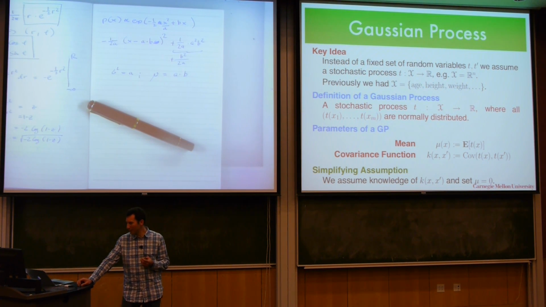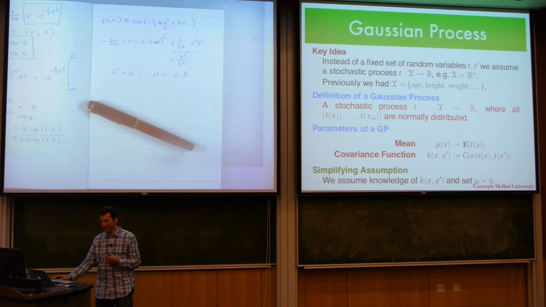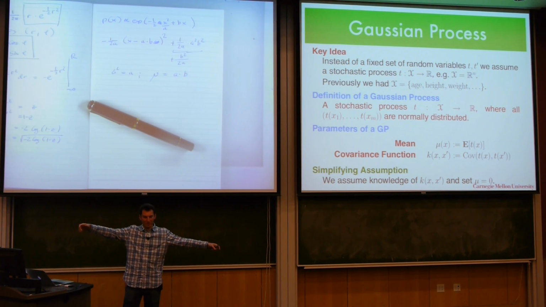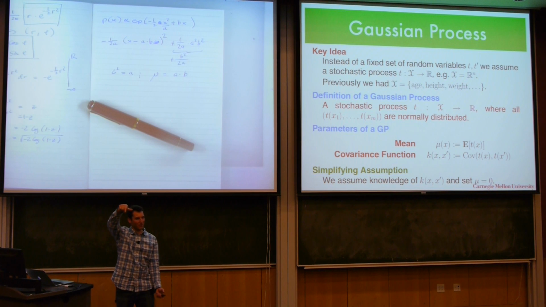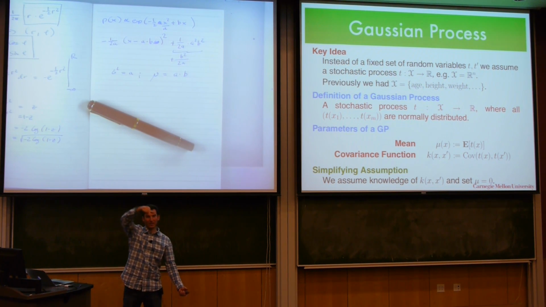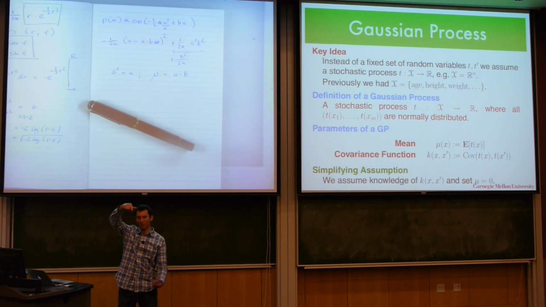Now, the interesting thing is that for a Gaussian process, all I need to know is just the means and covariances. It's defined as follows: if you evaluate this Gaussian process on d locations, you get a d-dimensional vector, and no matter at which locations you evaluated it, it behaves like a normal distribution with a given mean and covariance.